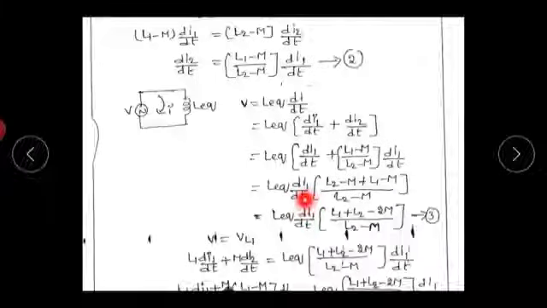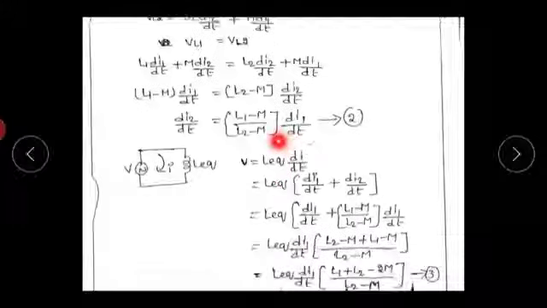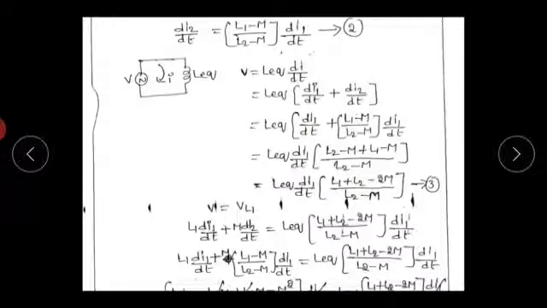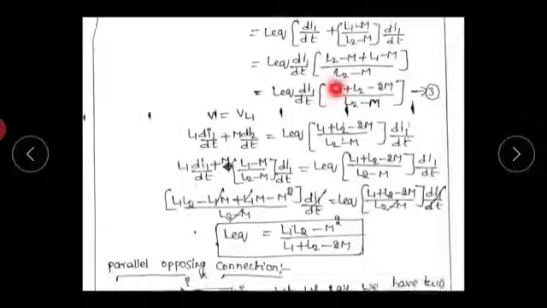We know that V equals VL1 or VL2, so use the relation V equals VL1. V equals L1 into di1 by dt plus M into di2 by dt. This is the V equation.